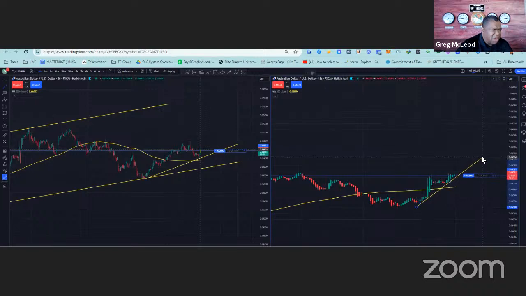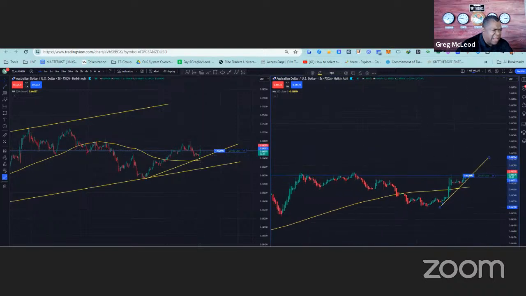Now I am long, and as I look, the last swing low is back here. I place my stop at 66.51. That gives me a 5-pip stop, and maybe I give myself a 7-pip stop, right?